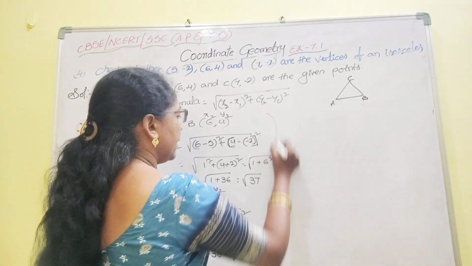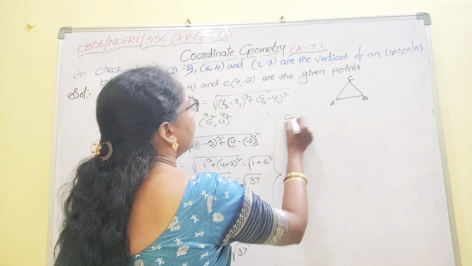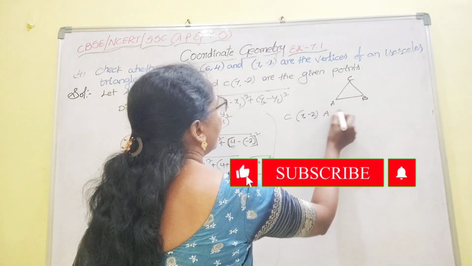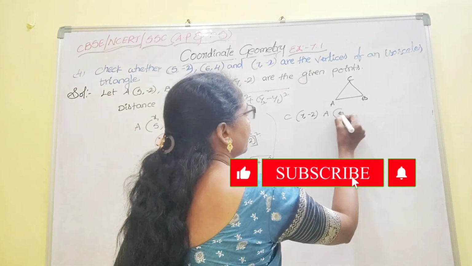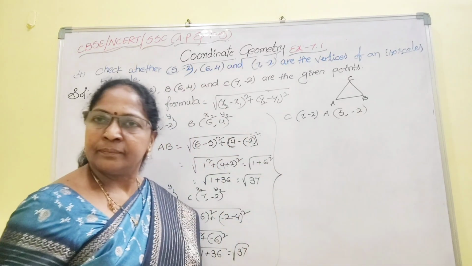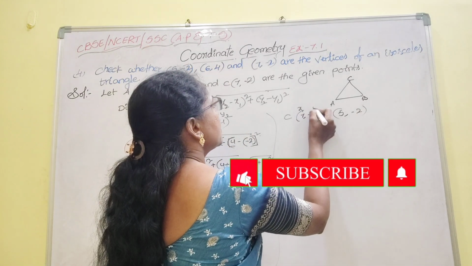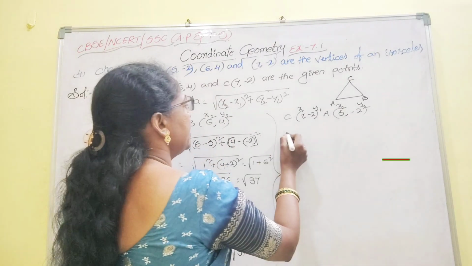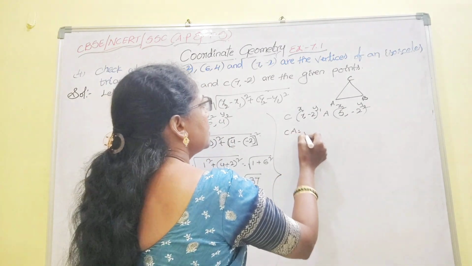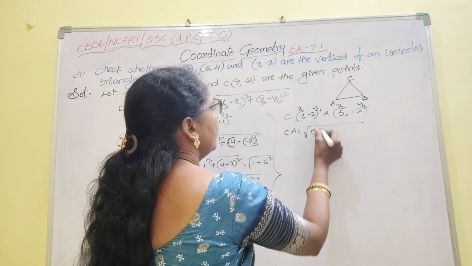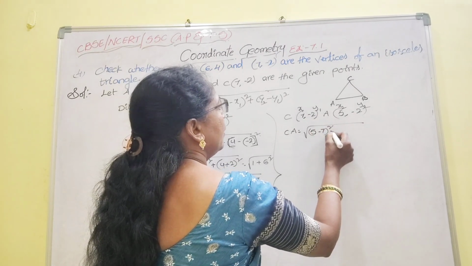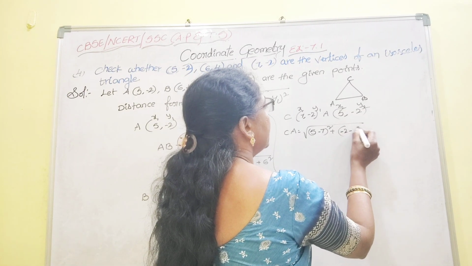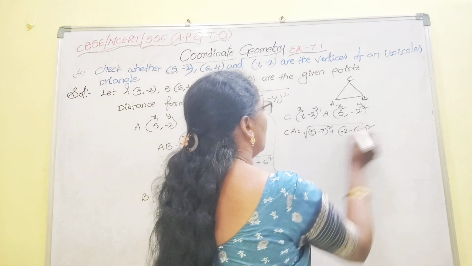Now find the next one, CA, where C is 7 comma minus 2 and A is 5 comma minus 2. Again assume x1, y1, x2, y2. Then CA equals square root of 5 minus 7 whole square plus y2 equal to minus 2 minus y1, which is minus 2, whole square.